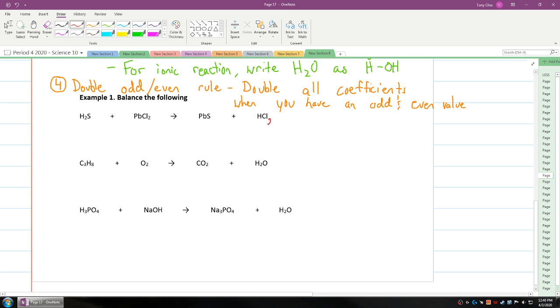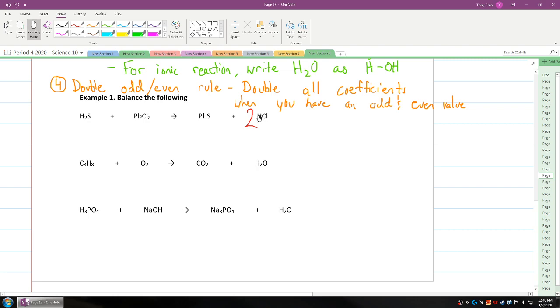You do not put a 2 here because that is wrong. You'd never ever want to do that because that changes the whole chemical. Instead, you use coefficients like this to show that now you have 2 hydrochloric acids, 2 hydrogens, and 2 chlorines that are balanced here. That's what the coefficient represents.